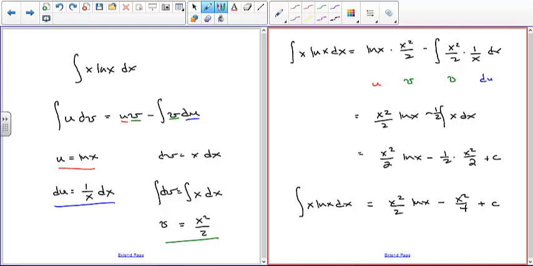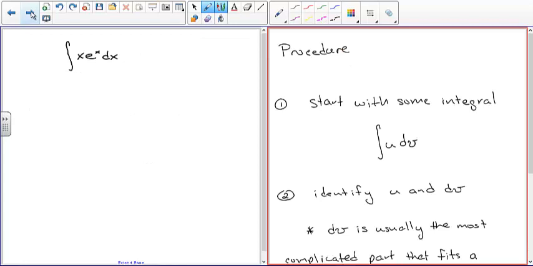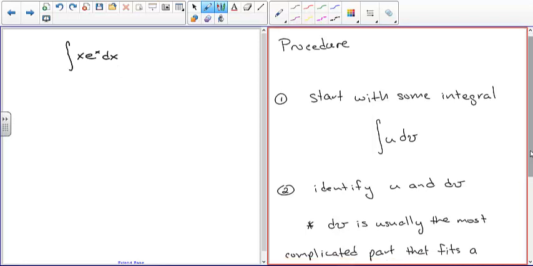Okay, so now let's look at the rules here. Okay, so here it is, procedure. So you start with some integral, which is the integral of u dv. You have to somehow identify which part of that integral is u and which part is dv, because the part that you choose as u, you take the derivative of, and the part that's dv, you take the integral of.